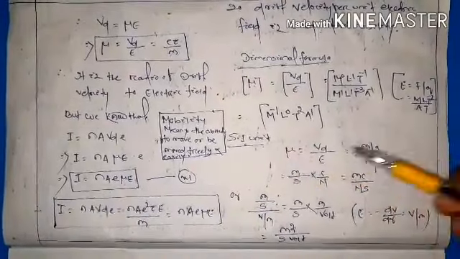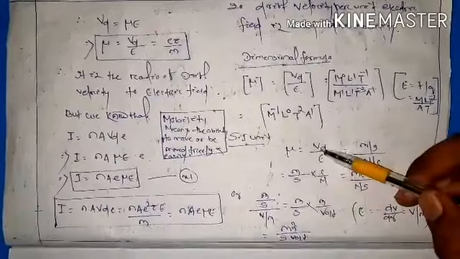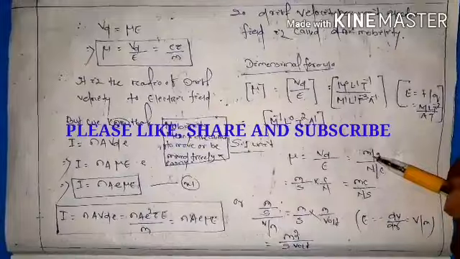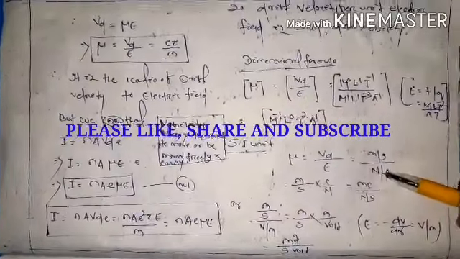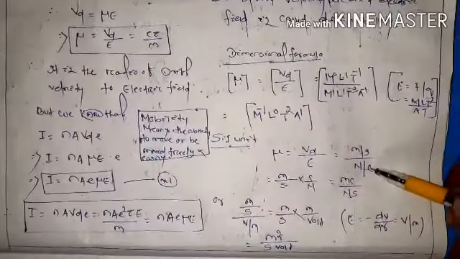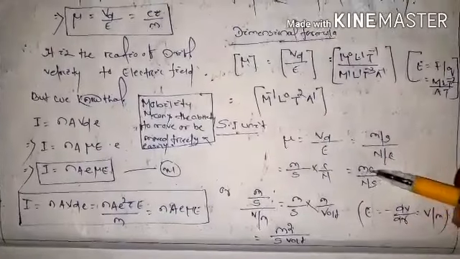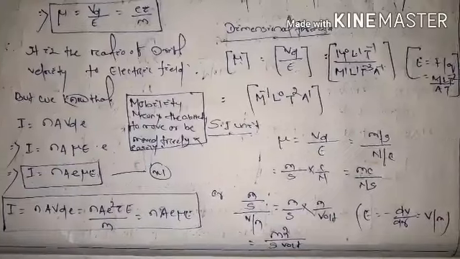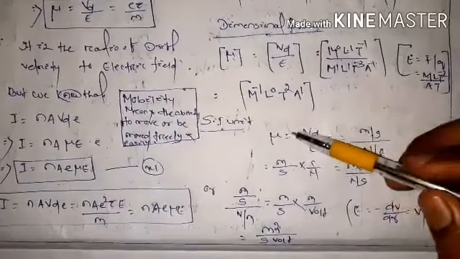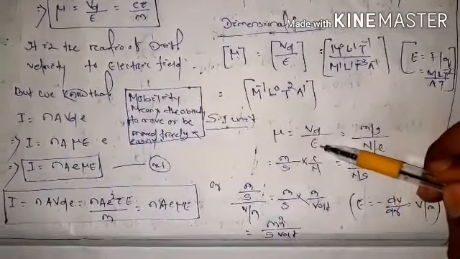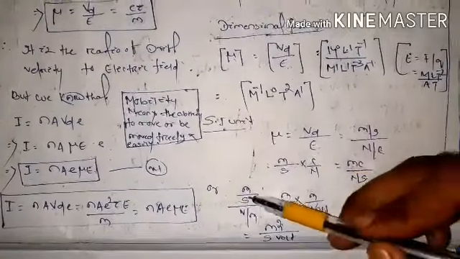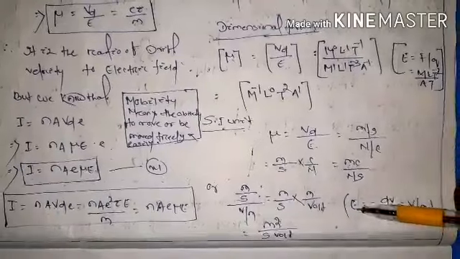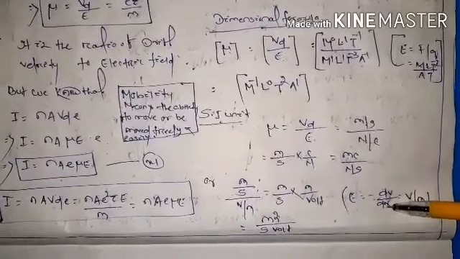SI unit. Mobility is equal to drift velocity per electric field. Drift velocity is meter per second and electric field is newton per coulomb. So mu is equal to meter coulomb divided by newton second. Or mu is equal to Vd by E, where Vd is meter per second and E is equal to minus dV by dr. Electric field is equal to negative of potential gradient.